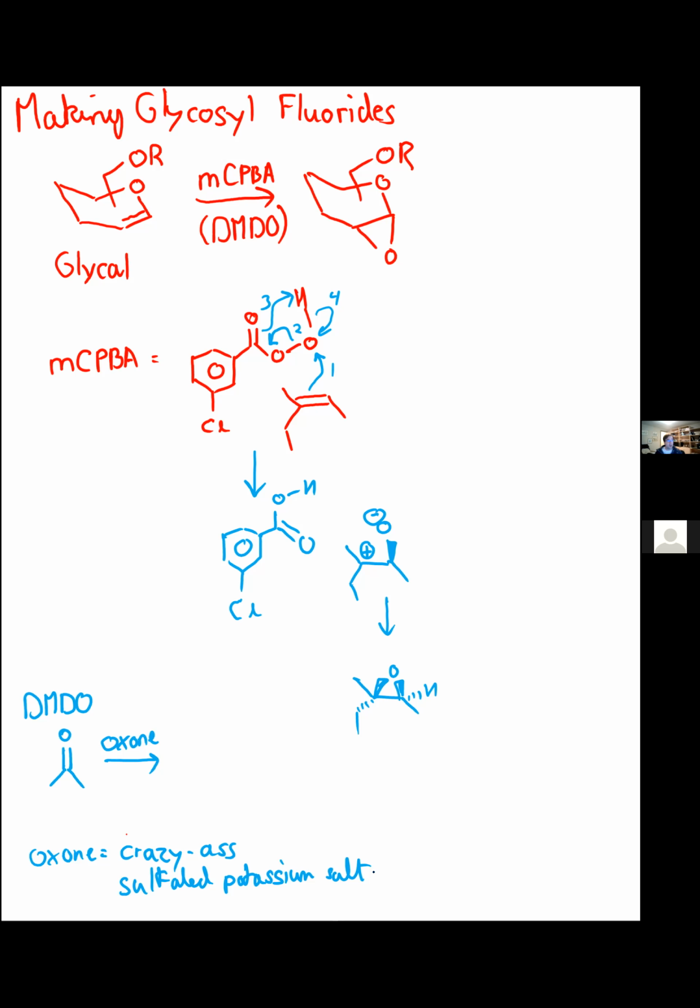You can draw one, and if you look it up, you'll find something, but it's not accurate because that's not actually how all of oxone is. It's kind of an amorphous mixture of different oxidation states. Regardless, what does that mean? It basically means it's oxygen. We're going to add oxygen. And so it does a weird thing. We are going to add oxygen to the carbonyl of acetone.